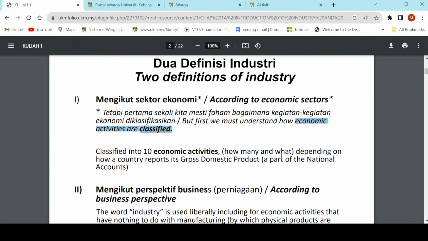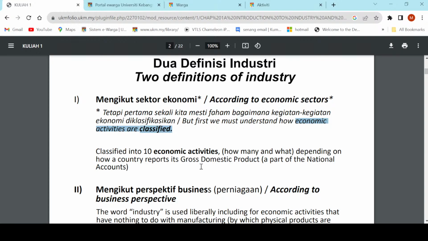Manufacturing, electricity, wholesale and trade. What are they? It depends on how a country reports its gross national product, which is part of the national account. That only depends on each country, not the same.